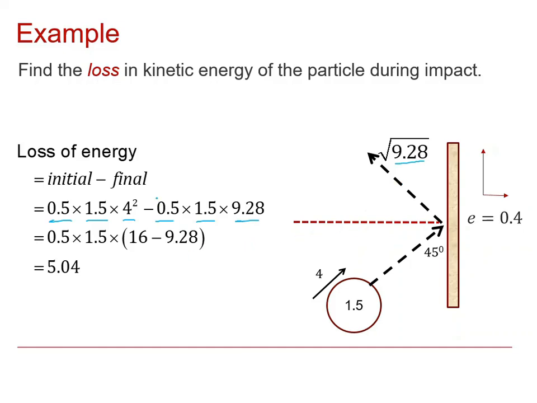So, that is an example where I've done it in a sense in the wrong way round, because I expect to find a loss. So if we do those calculations the simplest way, it works out as 5.04. There's no need even for an approximation there. So finally the energy loss is 5.04 joules.